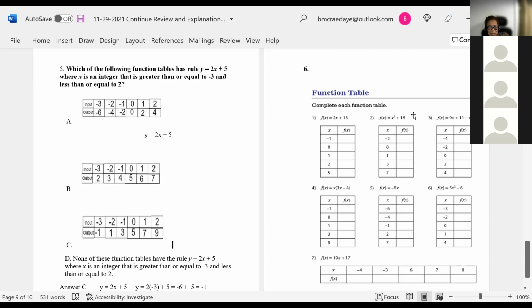And then when you get to number 2, you have a different relationship. You're squaring the input, adding it to 15. So this one, -2 times -2 is a +4. Added to 15, F of X would be 19. You do that for the rest of them, okay?